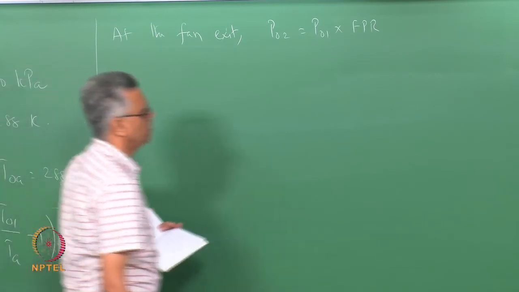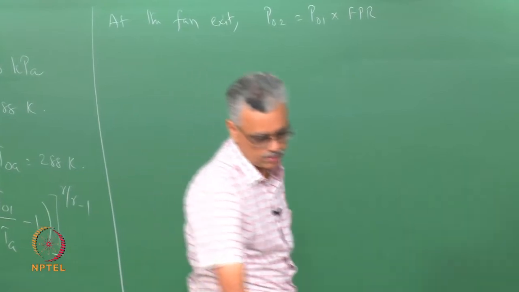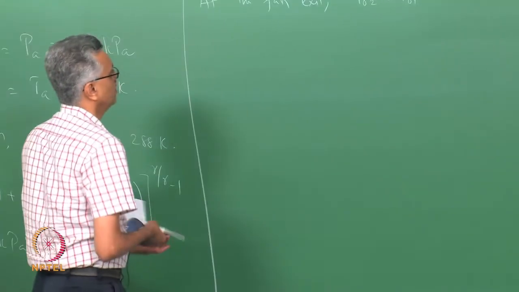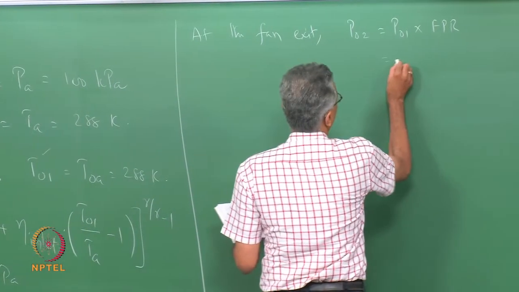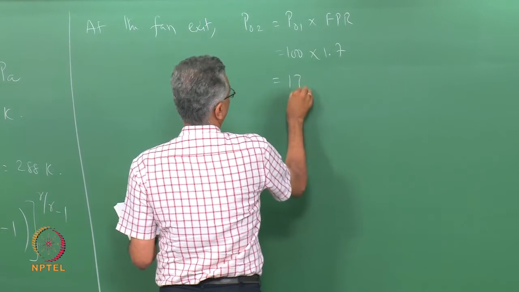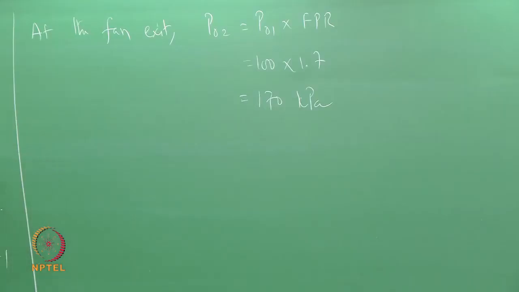If I substitute the value, the fan pressure ratio is given to be 1.7, so that means P02 is equal to 100 kilopascal times 1.7, so this is 170 kilopascal. So we know P02.